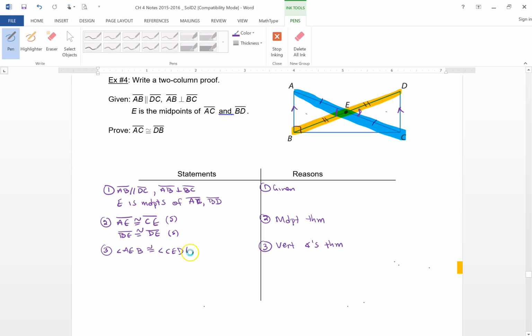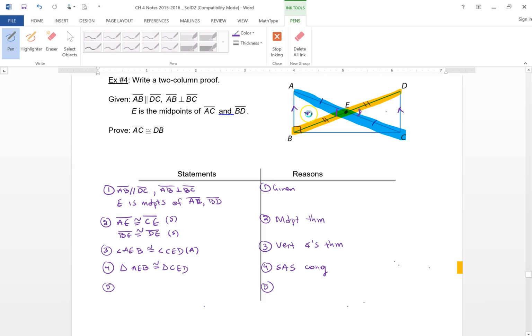So here I have two sides and an angle, and they're configured as SAS, so I can say triangle AEB is congruent to triangle CED, SAS congruence. Okay, next. So now I've proven that those two triangles are congruent.